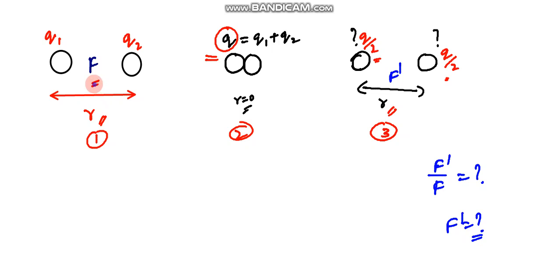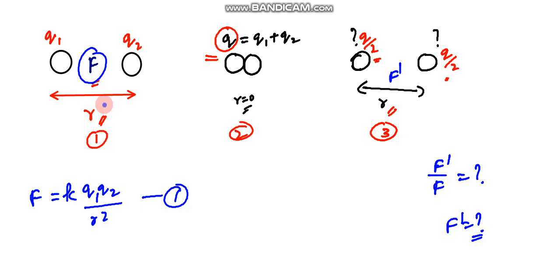In this particular case we can write the expression for F, the Coulomb's force. If you know the value of charges and the distance of separation, directly we can write k into the product of charges q1 q2 divided by the square of the distance of separation between them, right? So this is the expression for force in the first case. Now what about the expression for force in this last case?